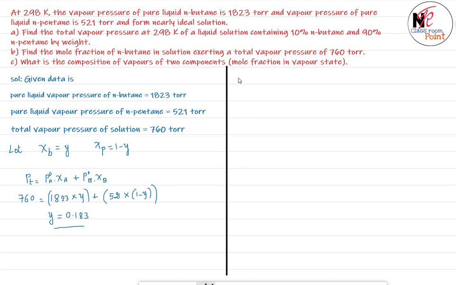Now let us discuss the answer for sub question C. In sub question C, they are asking for the mole fraction of the components in the vapor state.